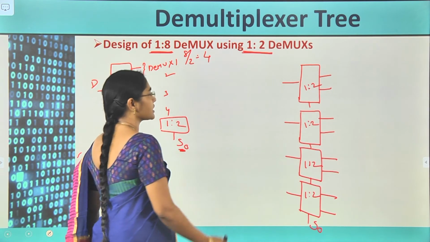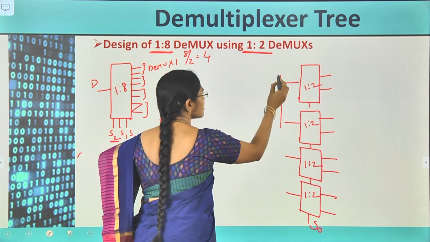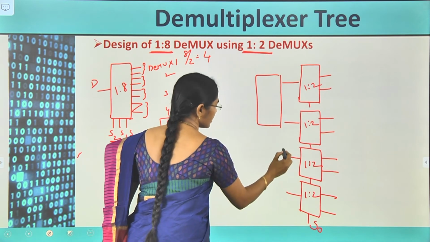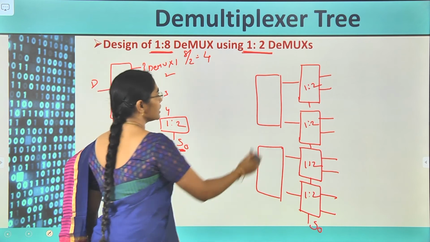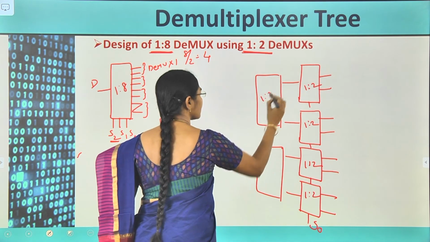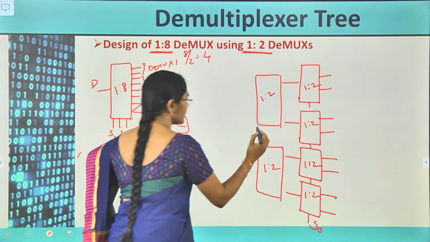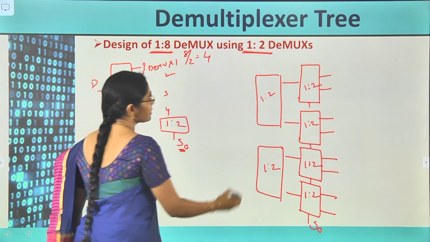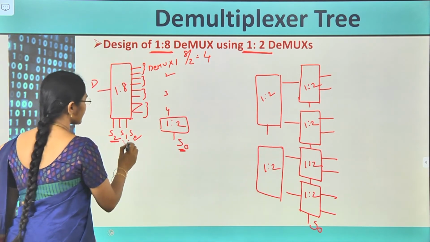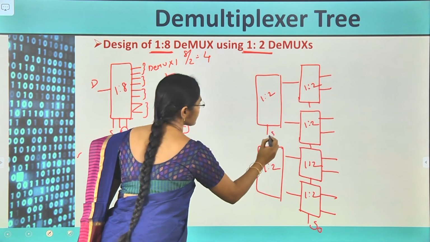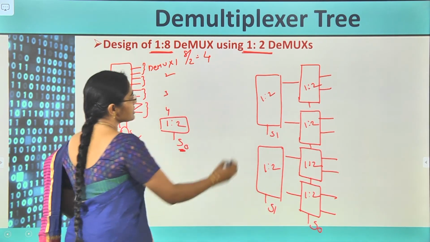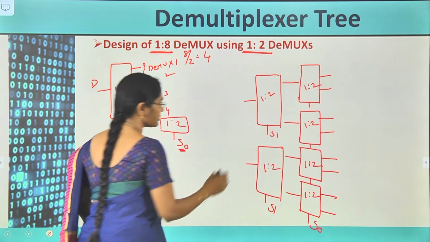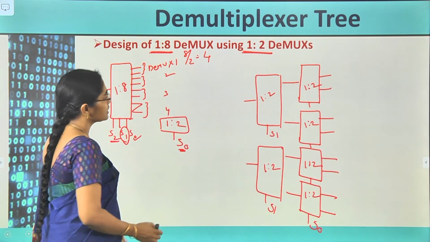For these 4 signals, we can use one more set of 1:2 demultiplexers like this, using the second selection line S1. For this, one input is required.